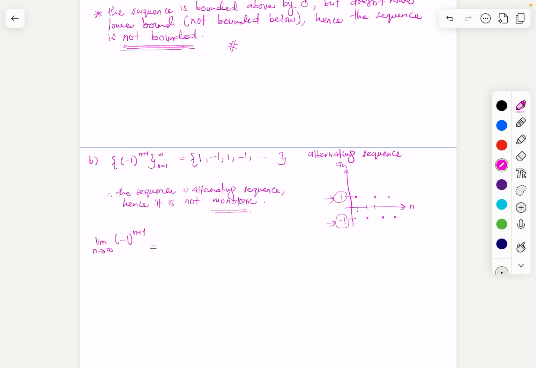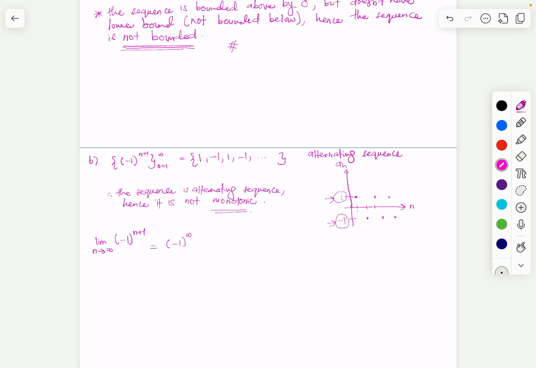First thing first, we can directly plug in n as infinity. So you would get -1 to the power of infinity. Since we have illustrated it, it can go either -1 or 1.